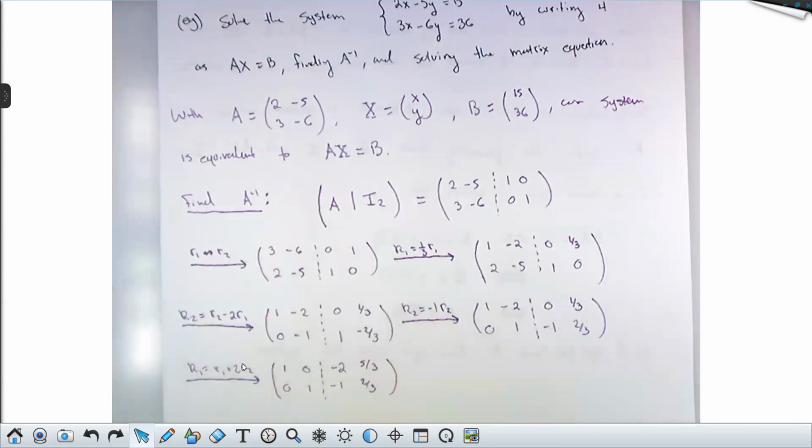Because the matrix on the left is the identity matrix now, right? We started with A on the left and the identity on the right. Then we did row operations until the identity showed up over here, which means this is A inverse.